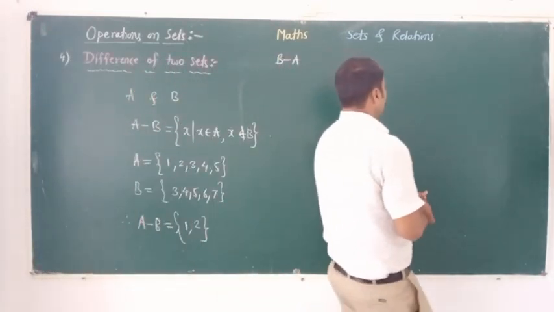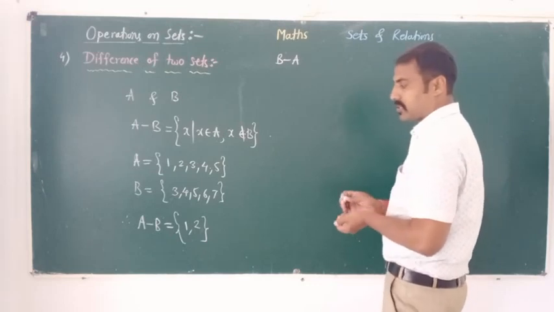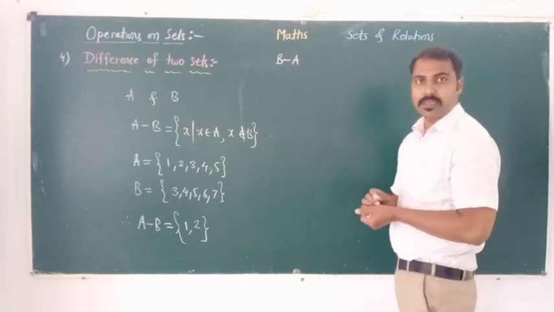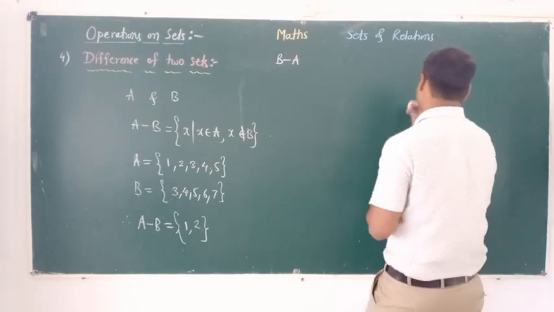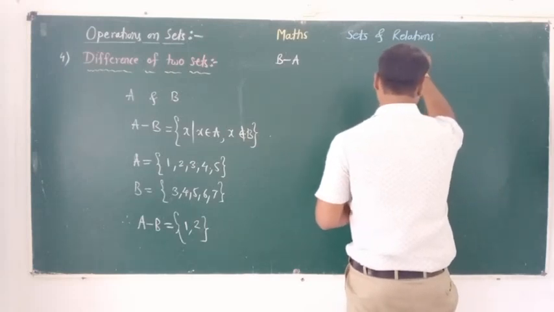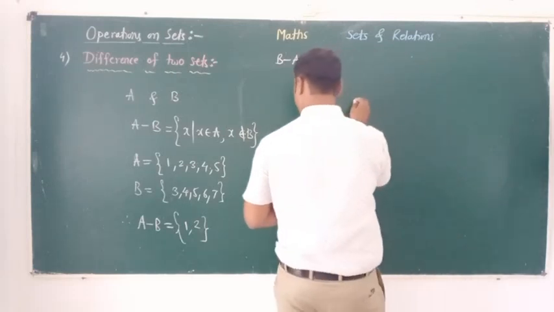Now we show this set A minus B by a Venn diagram. Look here.